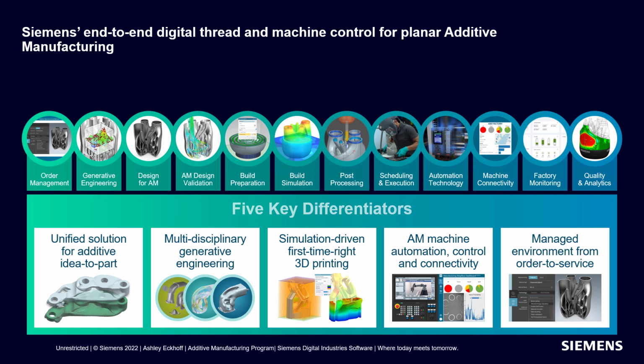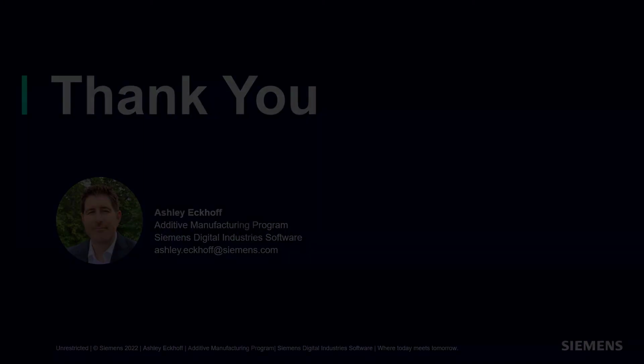Your particular needs may not require the breadth of the Siemens solution, but the beauty of having a system like Siemens provides is the ability to choose those parts of the system that you need today, with the understanding that you can grow into using the entire end-to-end workflow as your additive manufacturing operation grows.